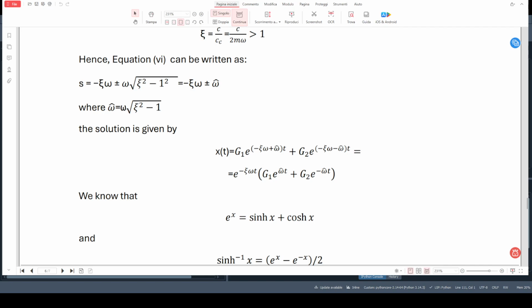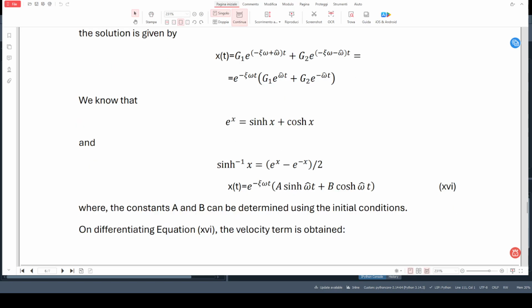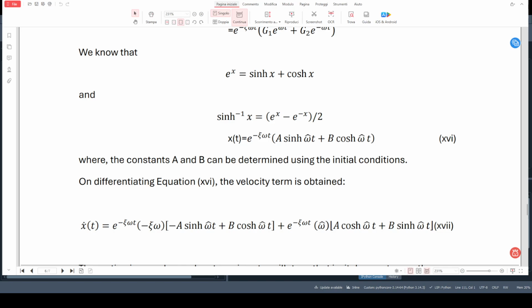The solution of the displacement in function of G1, G2 is written in function of exponential in this way. Remember that the exponential of x is equal to sine hyperbolic of x plus cosine hyperbolic of x. So this equation we can rewrite in function of sine and cosine hyperbolic.